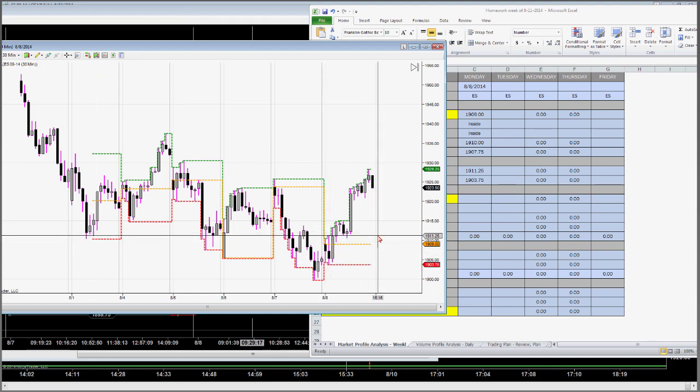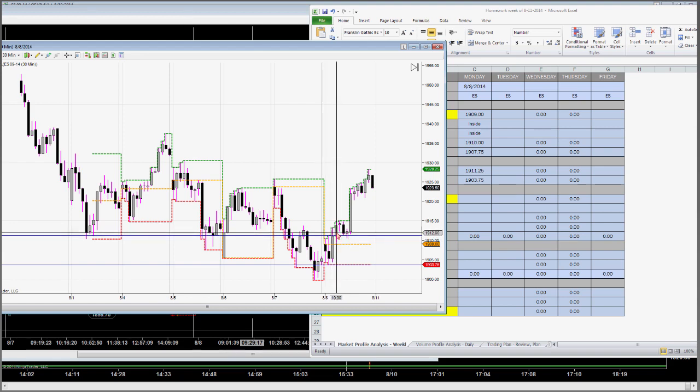And if I set these lines, let me just show you something. One of the reasons I picked this. Look what happened when price finally broke through this line. I don't want to say it became support, but I could see as sellers really started failing getting through here that we were going to go higher. And once we started getting volume range extension above IB, it's just a matter of time before this started looking higher.